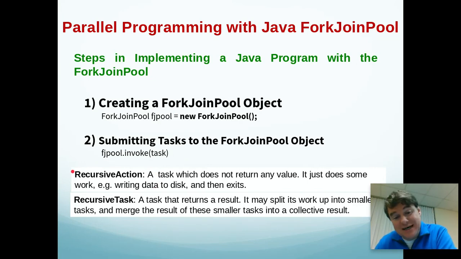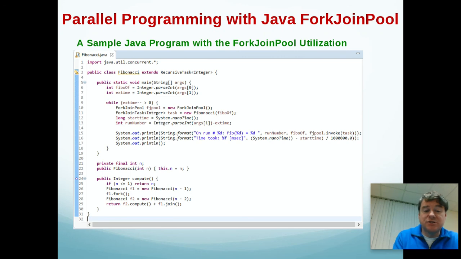So you can either do a task or you can do an action. In this case, we're doing a task because we are going to get back an answer. The task is going to be a new Fibonacci of fib number. All right, and that's going to invoke the Fibonacci method, which will in turn call the compute method when you do the forking. All right, so hopefully that makes some sense.